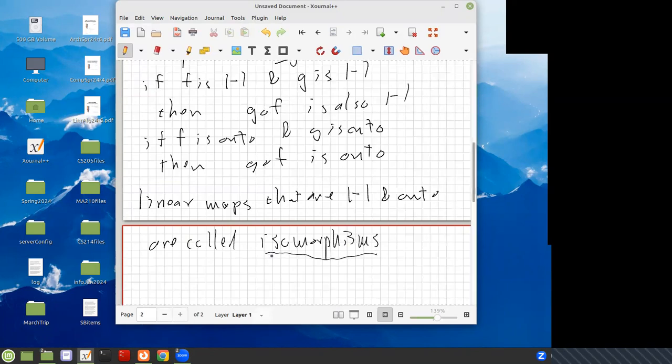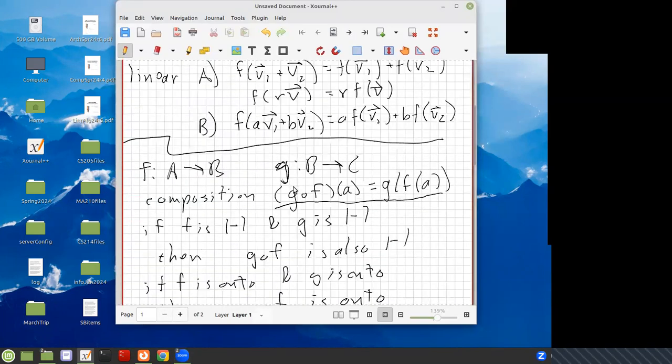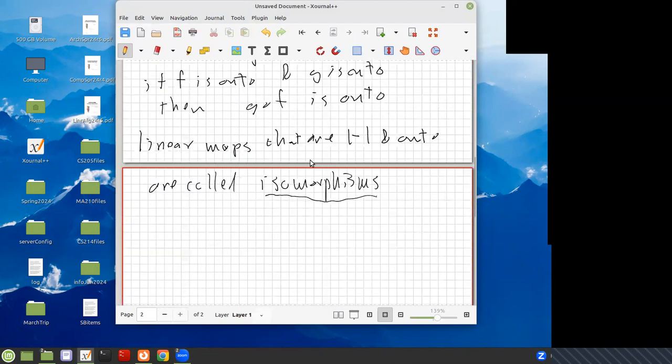Isomorphisms capture the idea that two vector spaces are essentially the same. One reason is that the linear nature says the structure of each is the same. The nice thing about isomorphisms is, let's say we have a map F from A to B, and F is an isomorphism.